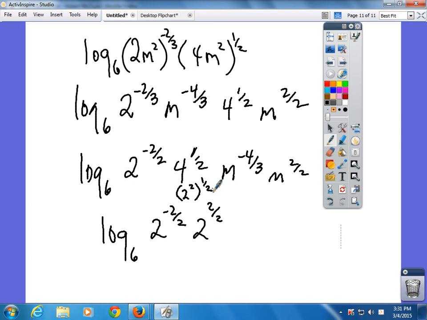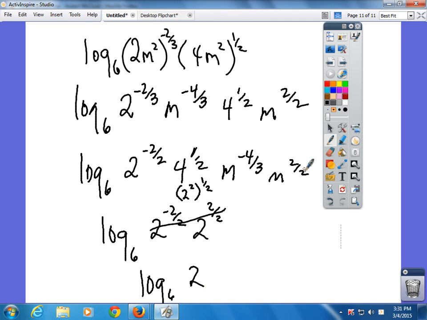Okay, so that's how I got that. And negative 2 plus 2 is what? 2 to the 1, which is 2. So log base 6 of 2, and then we got this guy, get a common denominator.